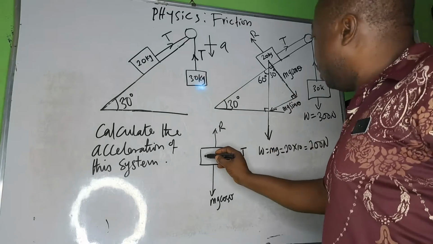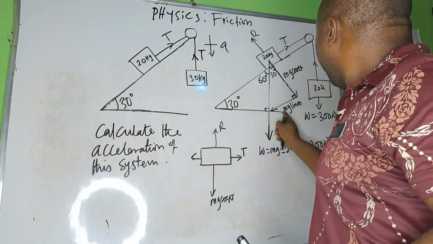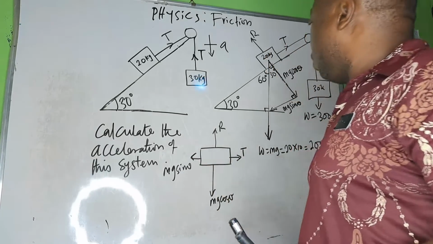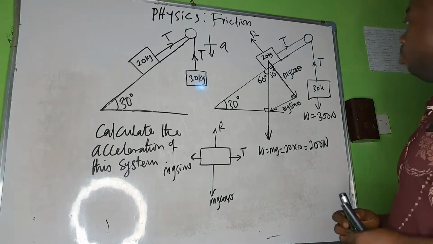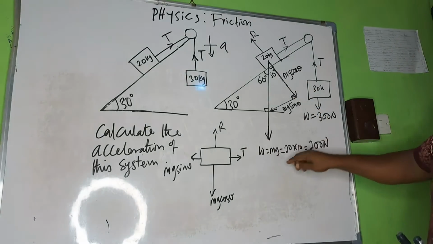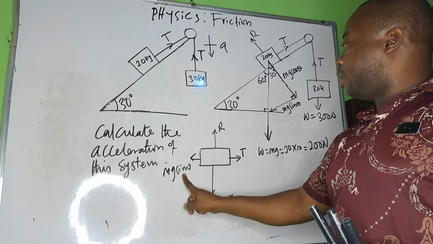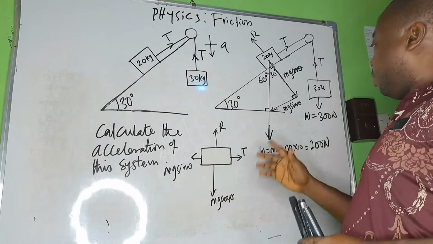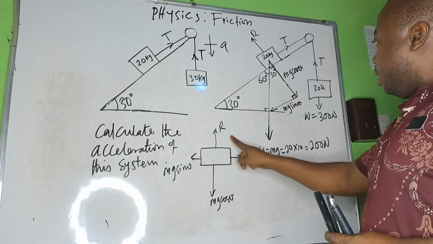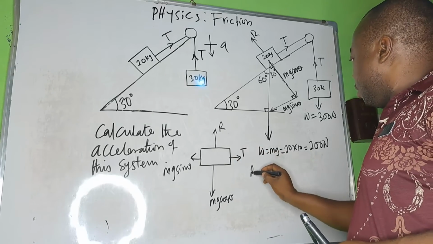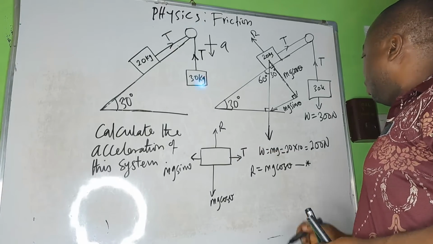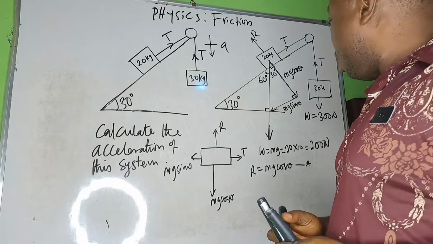This other side is mg sin theta. Okay, don't forget that the motion is in this direction, meaning tension is greater than mg sin theta. This is the reason it moves in this direction, but it doesn't move either way. It doesn't move up or down. Therefore, R equals mg cos theta. But we're not using it, because we're not required to calculate the normal reaction, but the acceleration.